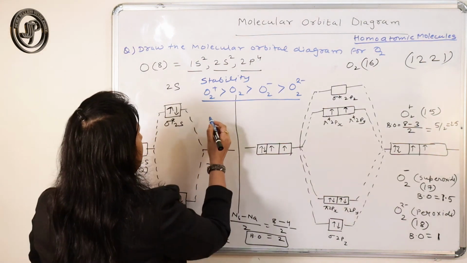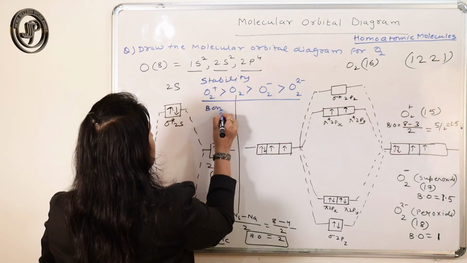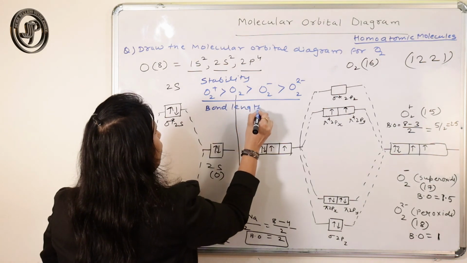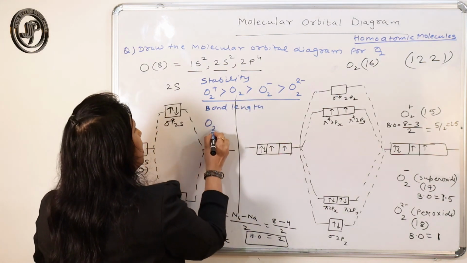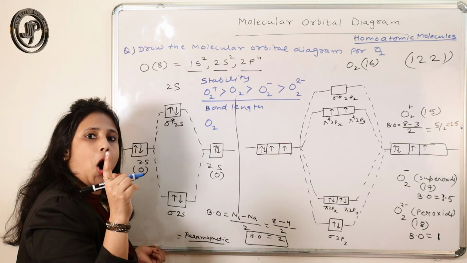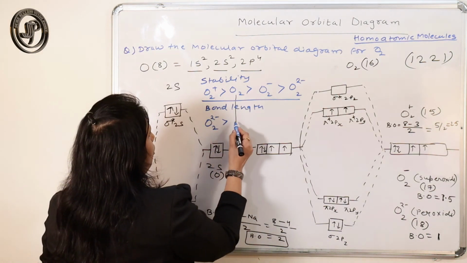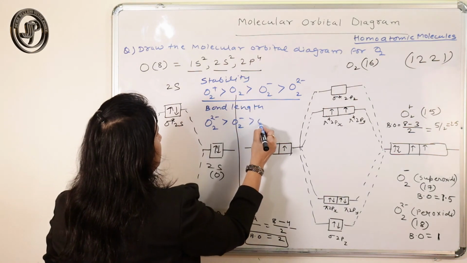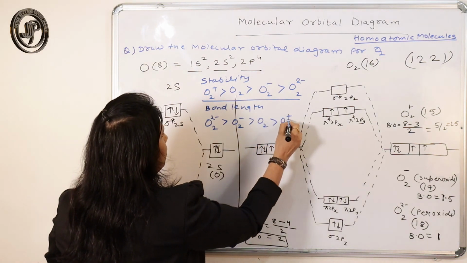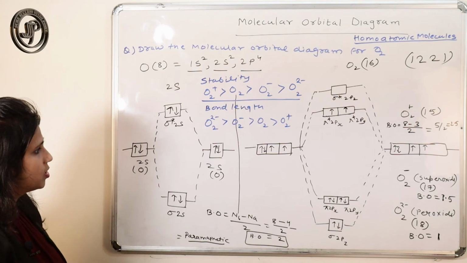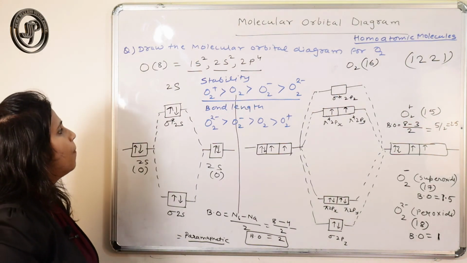So if we are talking about bond length, the trend will reverse. Lesser the bond order, greater the bond length. So this one will have the greatest bond length, then this one. Okay, your trend will get reversed if you need to write the bond length.